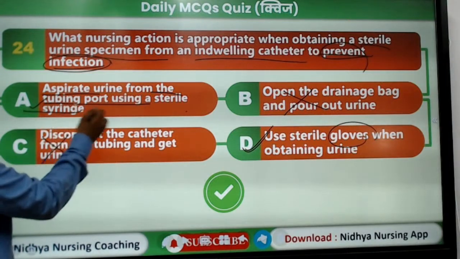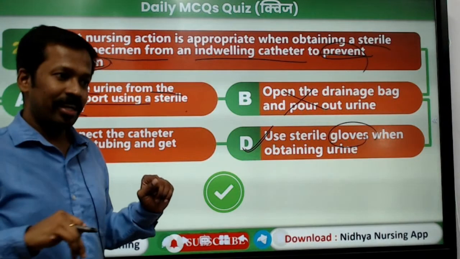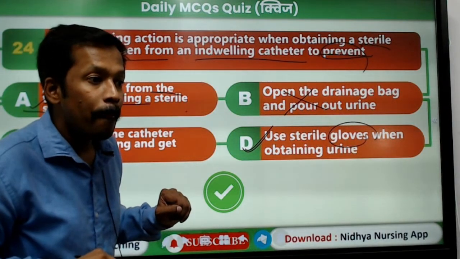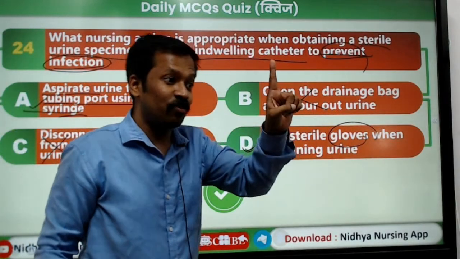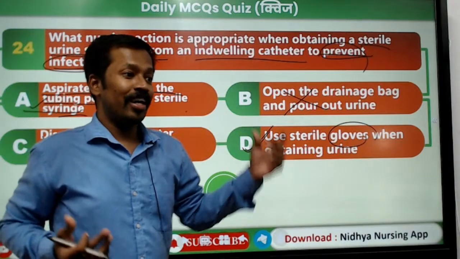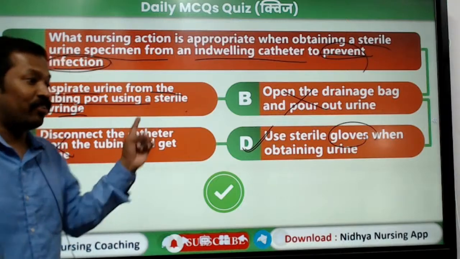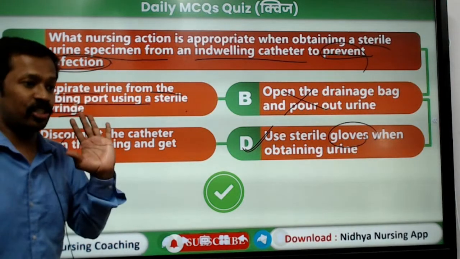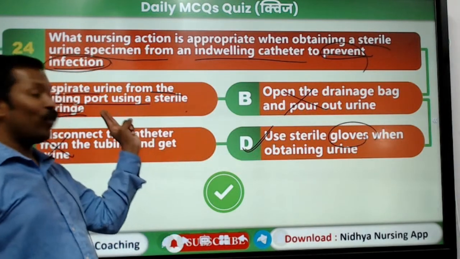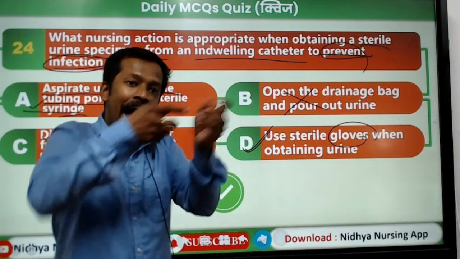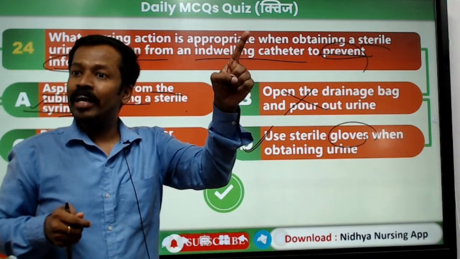Aspirate urine from the tubing port using a sterile syringe, that we can do, but that is at the time of aspiration. Before that, prevention is the first thing. Before doing this, what are we doing? Hand wash and sterile gloves. That is the first thing we do for preventing infection.